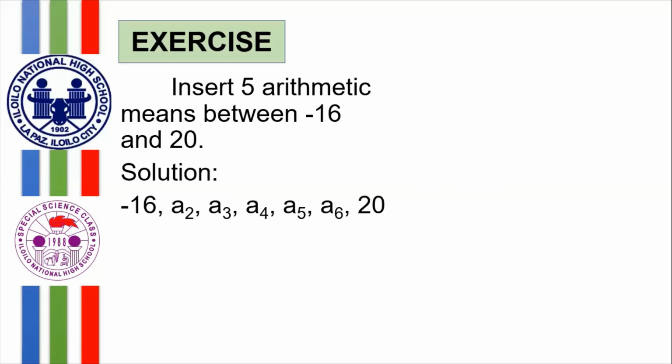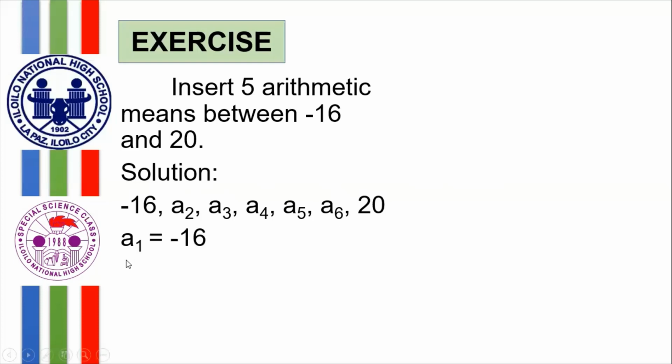So it's understood that negative 16 is your first term and 20 is your last term. 20 is the last term because it is the last number that's mentioned and it's after the word end. And since we are going to place 5 terms, so we have 1, 2, 3, 4, 5. So you could see that a sub 2, a sub 3, a sub 4, a sub 5, a sub 6 are missing. And we're going to determine the values of these numbers.